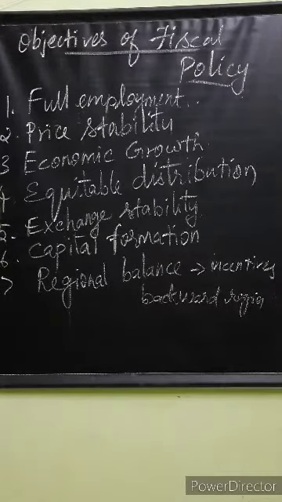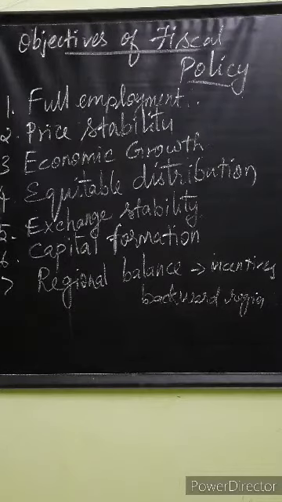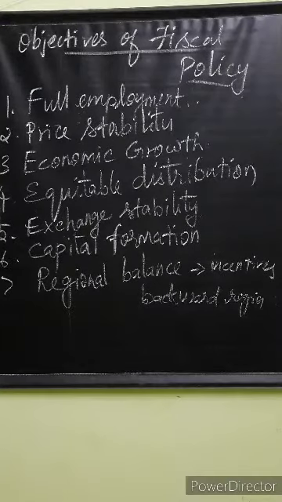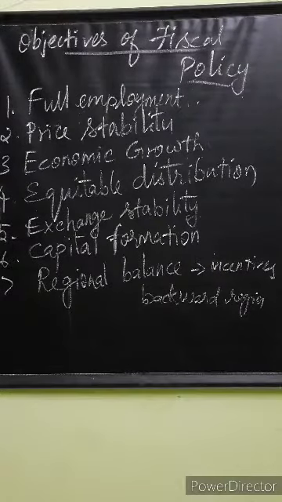For example, take our district, Madurai, or else take the Tamil Nadu state. We cannot expect all the regions in Tamil Nadu to be equally adequate, to equally have the required raw materials and other things.